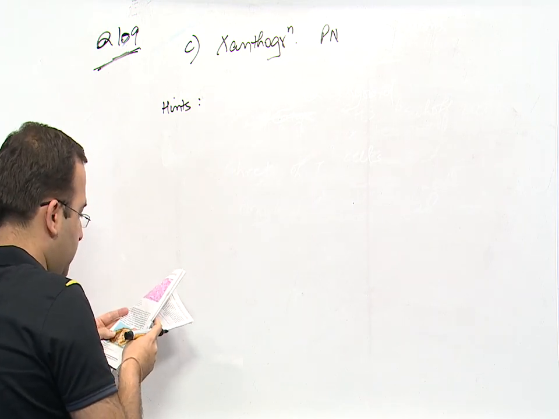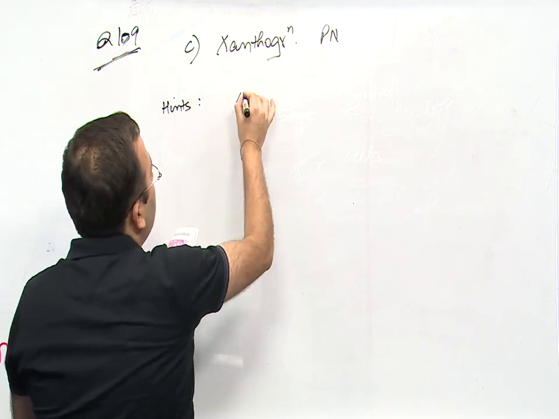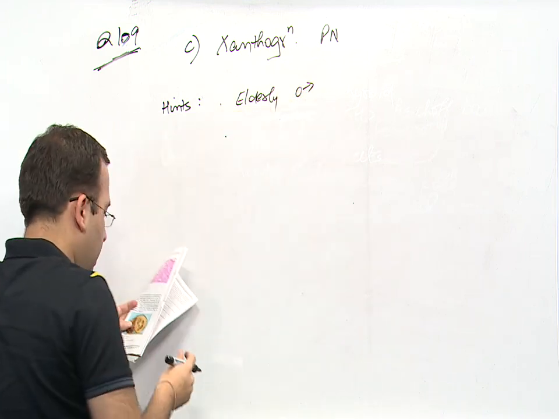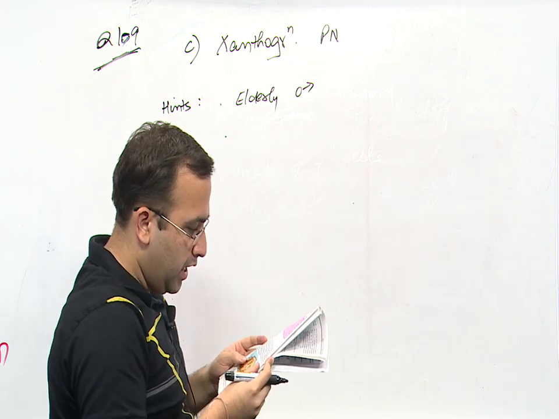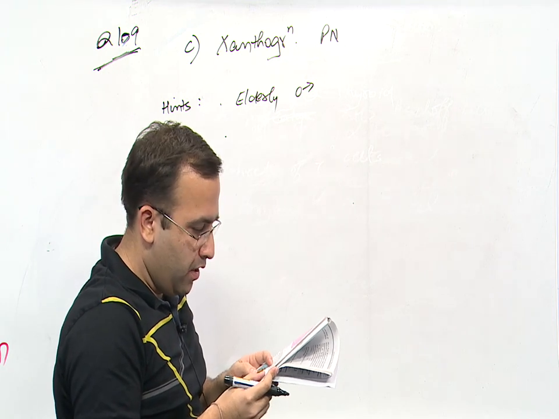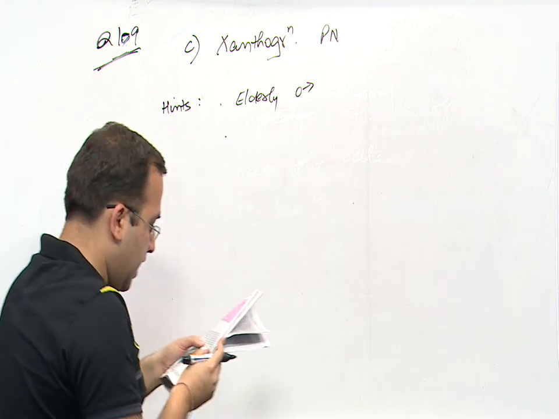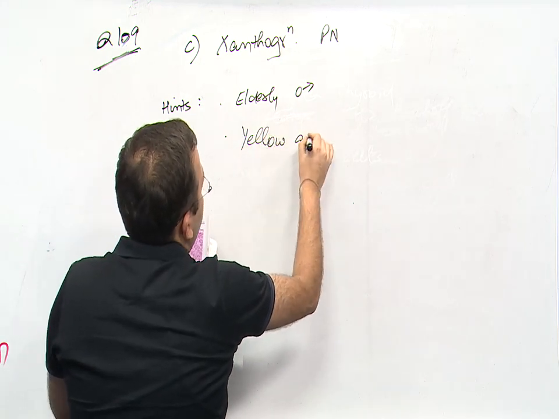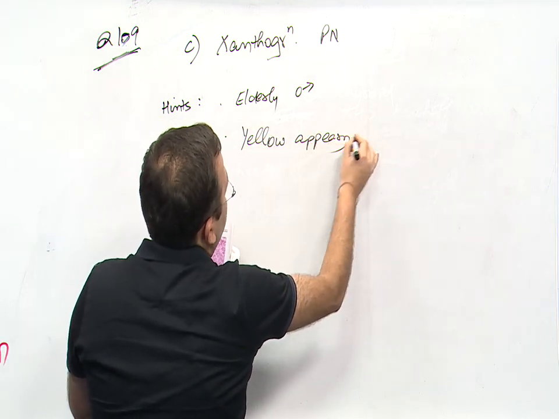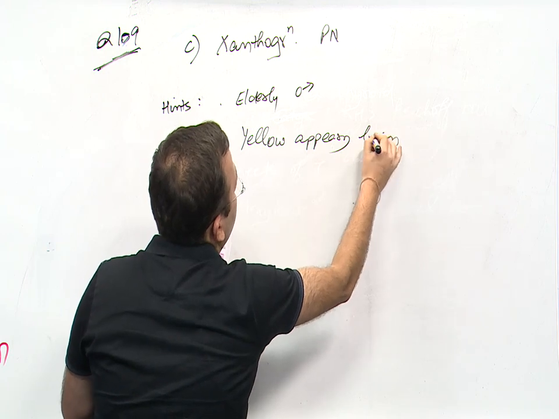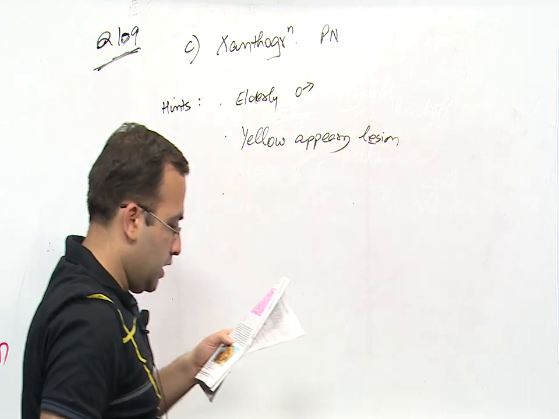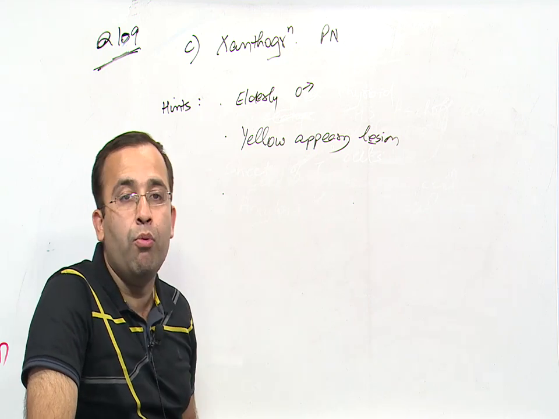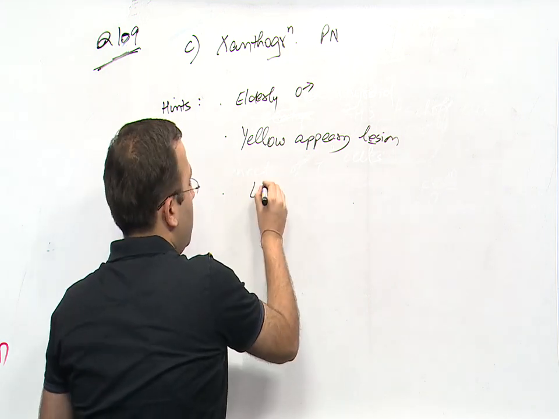What you have is a 65-year-old male, that is an elderly male, with an enlarged left kidney. Nephrectomy showed a yellow appearing lesion, so it is fat, with lipid laden foamy macrophages.